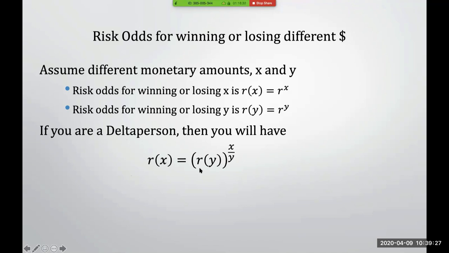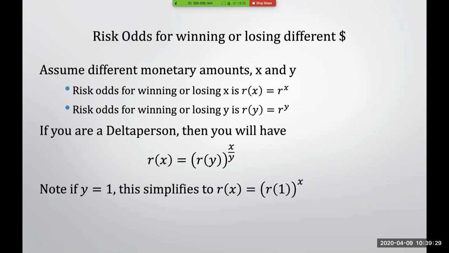So when Y is equal to 1, you are having that formula before. Okay, it's just a special case. The risk odds of winning X dollars is related to the risk odds of winning Y dollars in such a way.